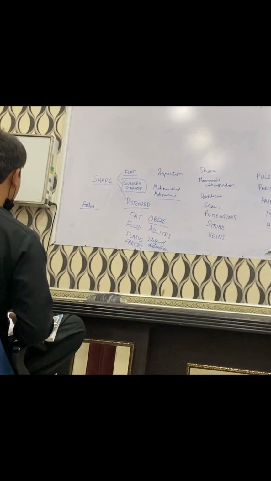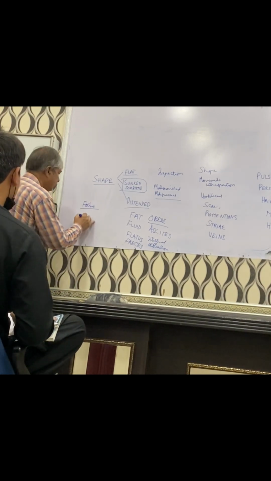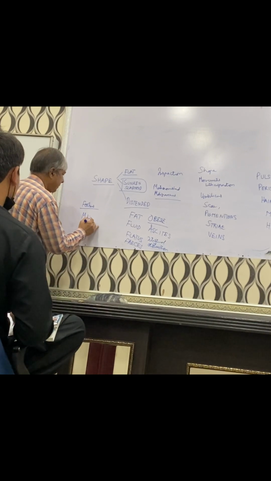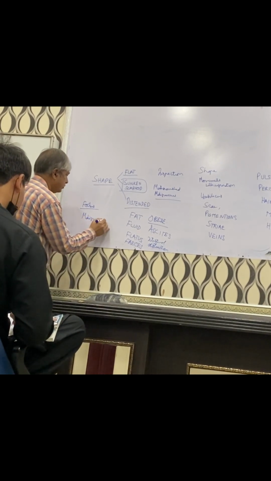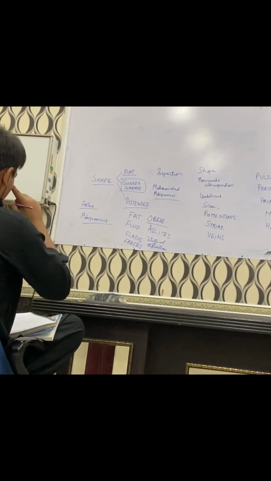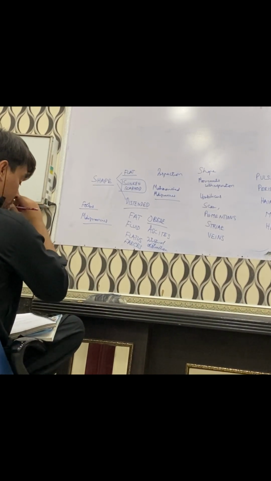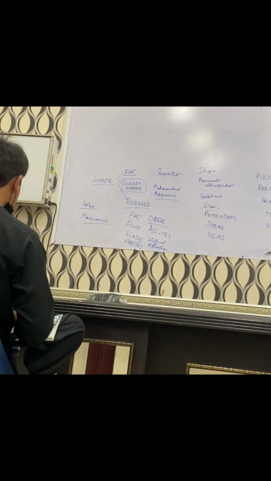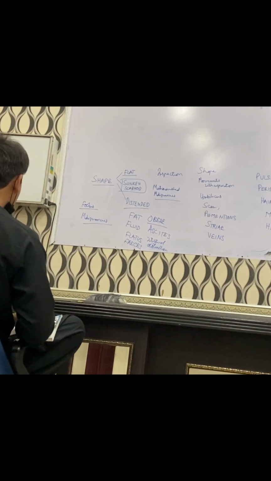These are 5 Fs. इसके अलावा दूसरा कॉज हो सकता है, it could be malignancies. And that's malignancies, mass of malignancies, right? So if the abdomen is distended, then it could be either fat, fluid, flatus, feces, fetus, or it could be malignancies.